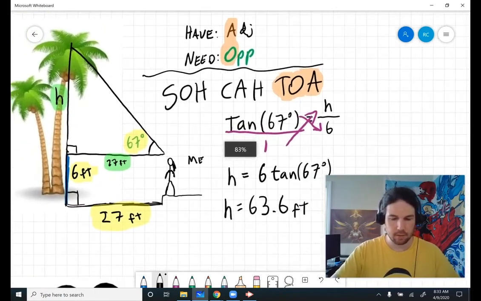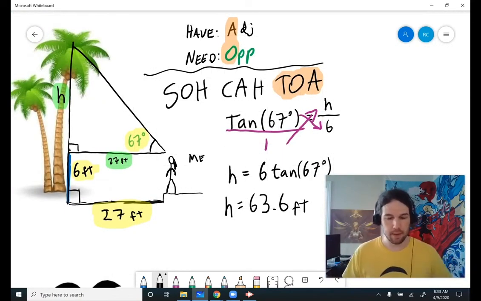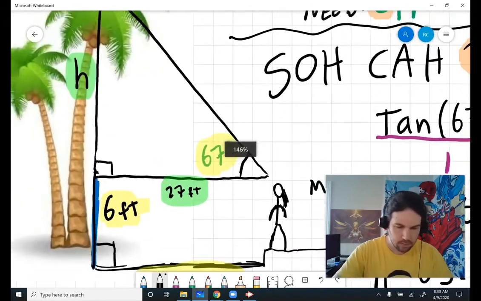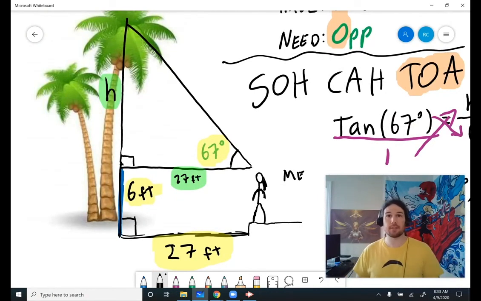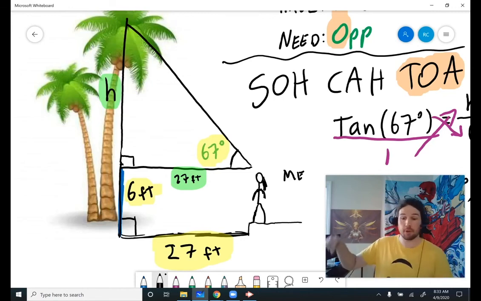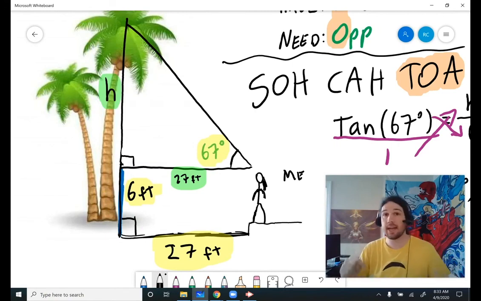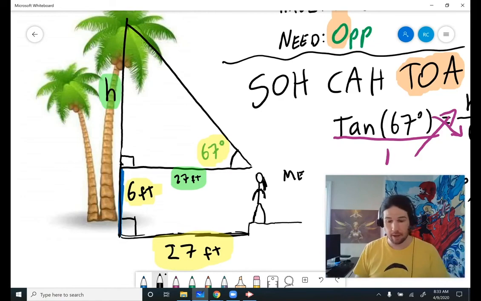Well, no. But we're really, really close to done. Yes, the height of that right triangle is indeed 63.6 feet, but remember that I'm not taking my measurements from the ground, right? I'm not sticking the clinometer on the ground and measuring the height there. I am instead measuring from the height of my eye, which is, again, about 6 feet off the ground.